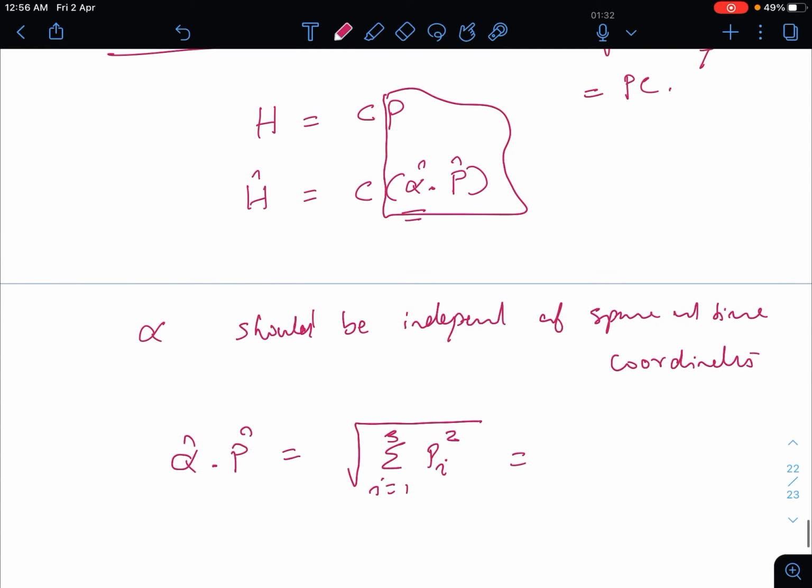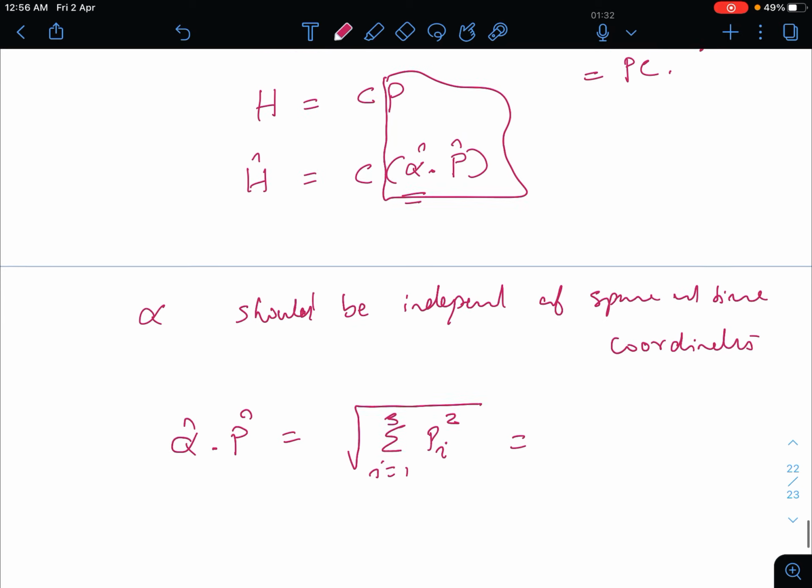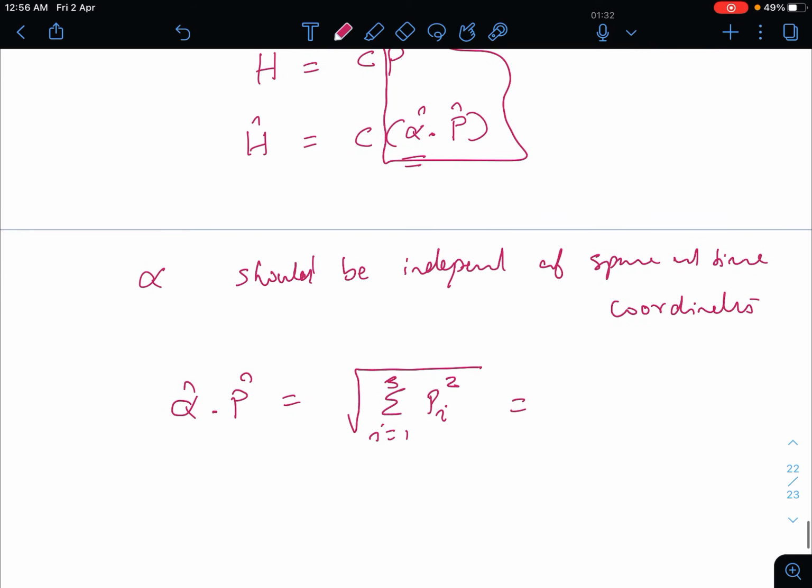So that is p. But alpha dot p is equal to this. Clear? Okay. Now let's square it. Alpha dot p squared is equal to the sum over i of p i squared.